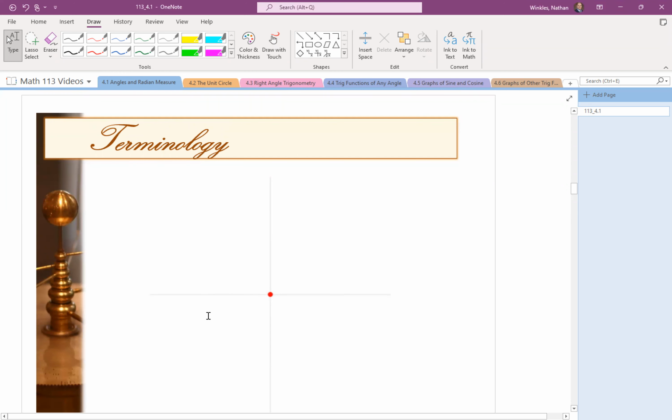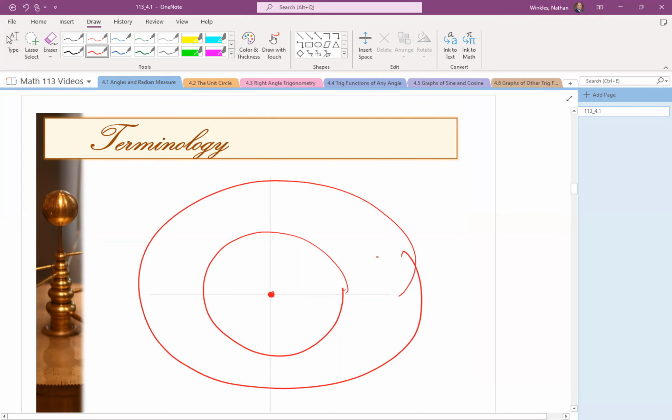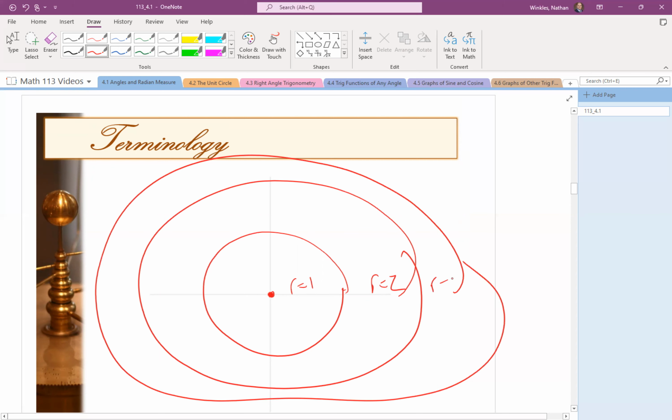Inside of this, we could have a circle centered at 0, 0. And then we could see how this could become this circle or this circle, where this one might have radius equal to 1, this one might have a radius equal to 2, and we could keep going with a radius equal to 3.